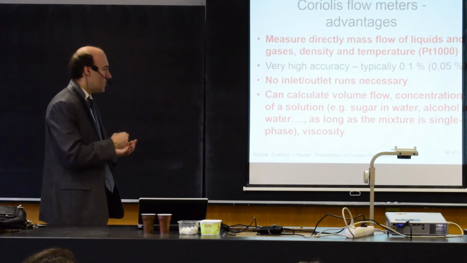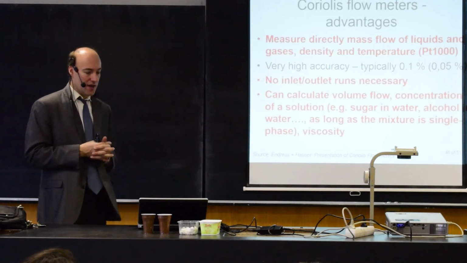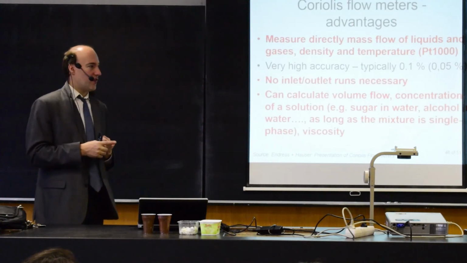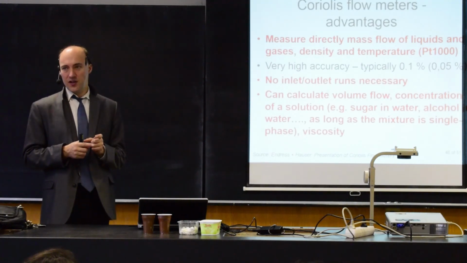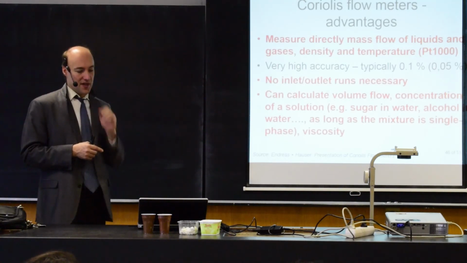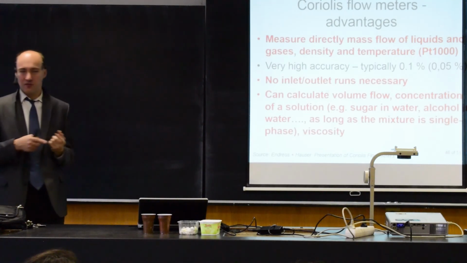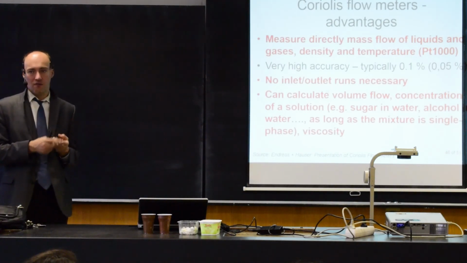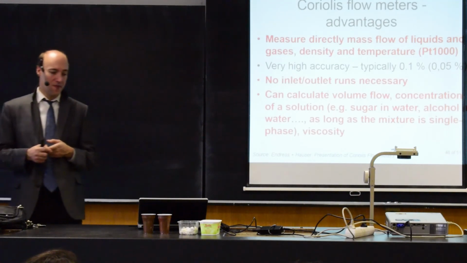So out of those 4 that we have discussed so far, it is the most accurate one. It does not require any distance in front of the sensor and behind the sensor, so you can install it anywhere you want. It can also calculate volume flow because it measures directly mass flow and density at the same time, so it can calculate volume flow.